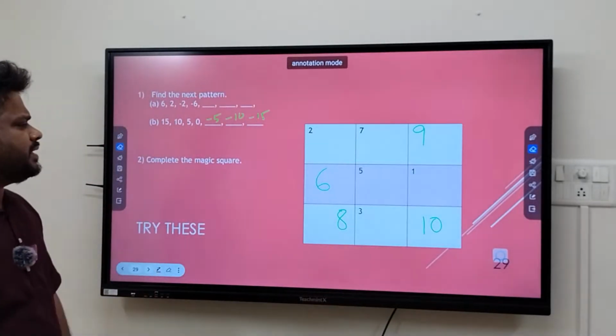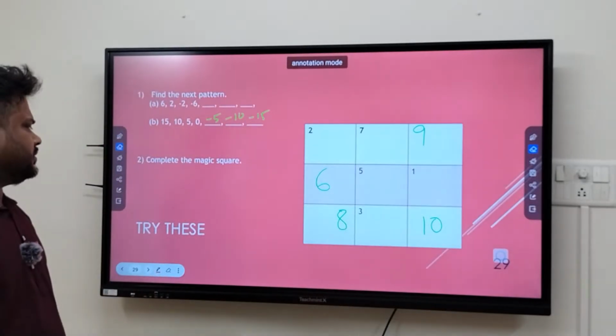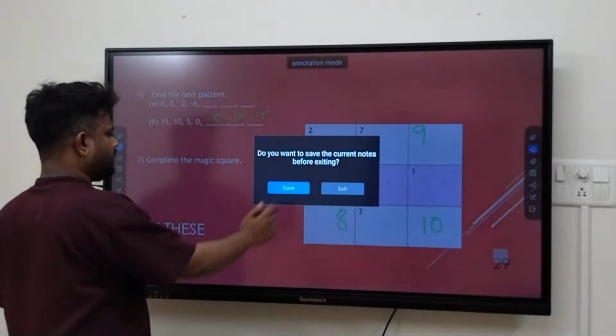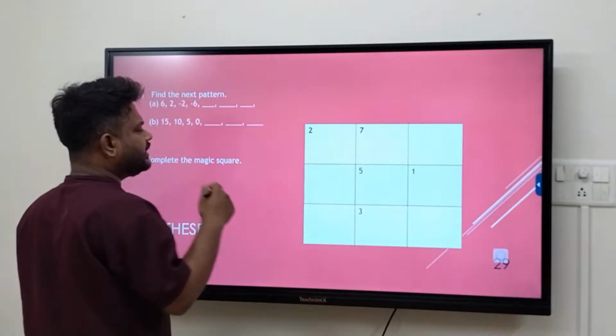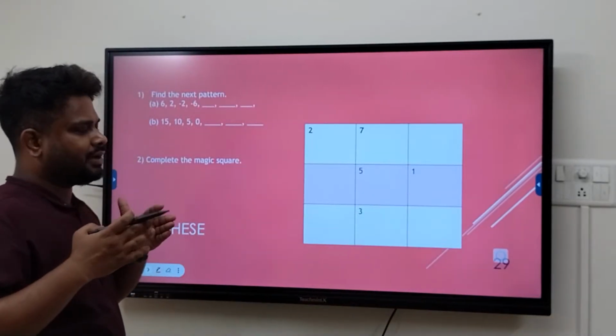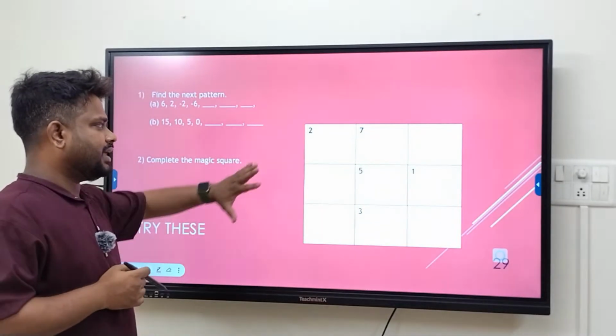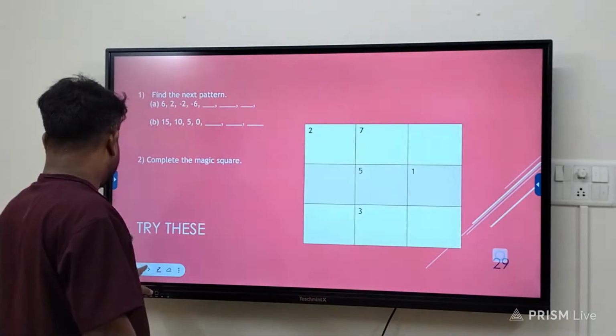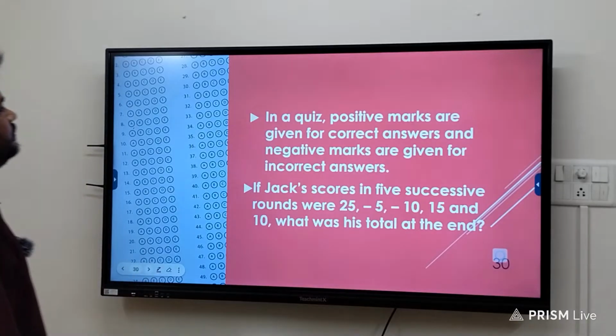Okay, maybe this one will be the answer. You can try it at home and tell us in the comments what the completion of this pattern will be. Okay, the next one.